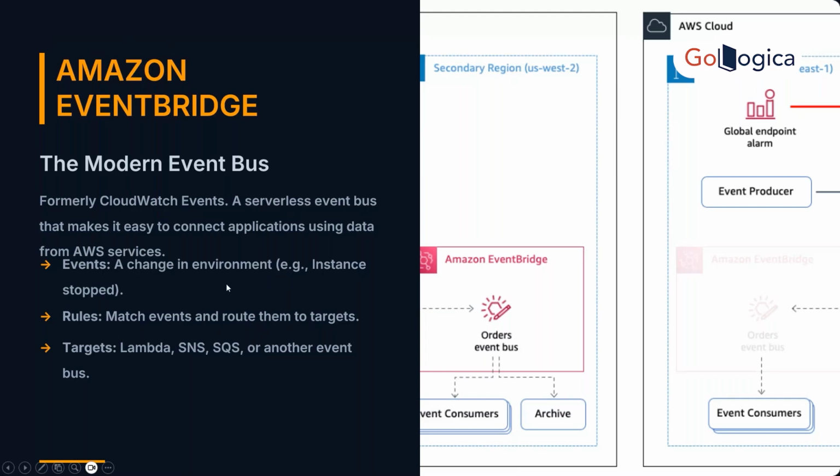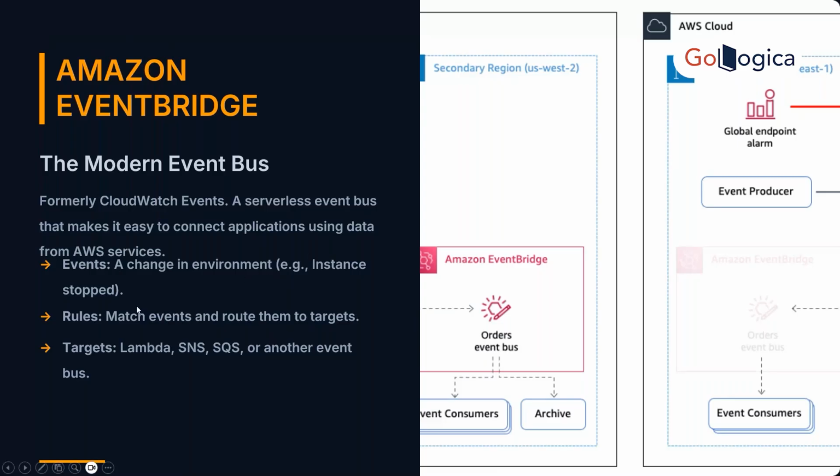You have to set the rules for the event bus or your EventBridge. In a rule you specify what you are monitoring, what state you are monitoring. Maybe for this event the instance state was in running state.